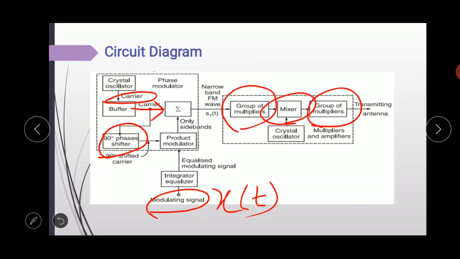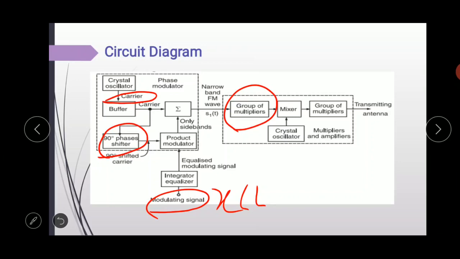See here, the crystal oscillator produces stable frequency up to only 1 megahertz. So if we require a higher frequency band, then we use these multipliers. But we have only frequency doubler or frequency tripler. So to achieve high frequency, we have to connect multiple cascaded stages of frequency multiplier. Because of that, here it is written group of multipliers.